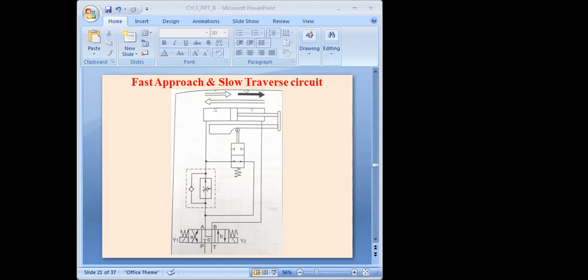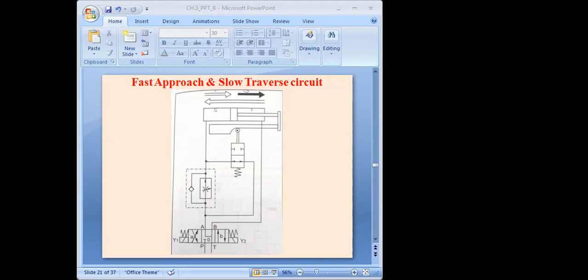The flow which is coming from P to A should normally go through this flow control valve. But for this fast approach and slow traverse circuit, flow goes through this 2x2 bypass control valve, and it reaches the cylinder through this 2x2 direction controller.